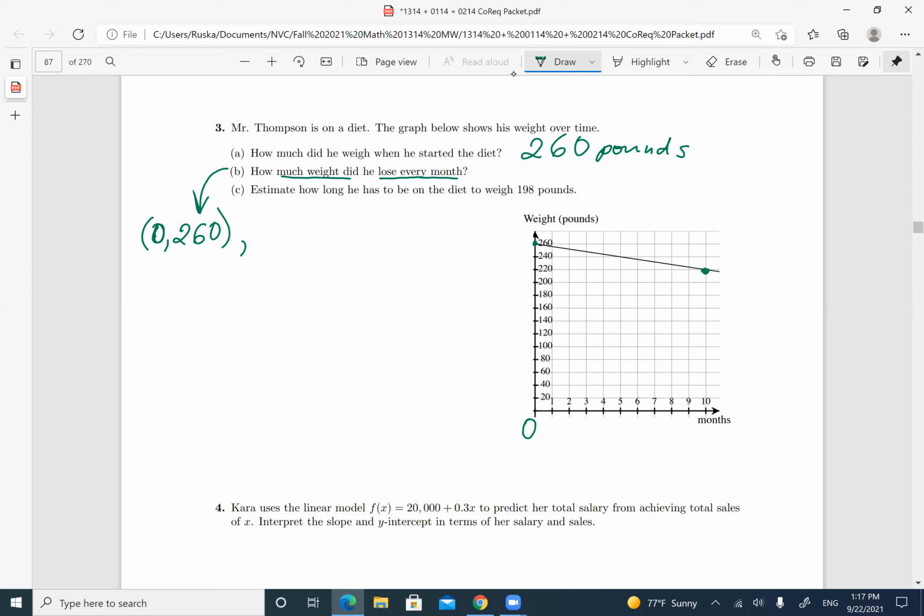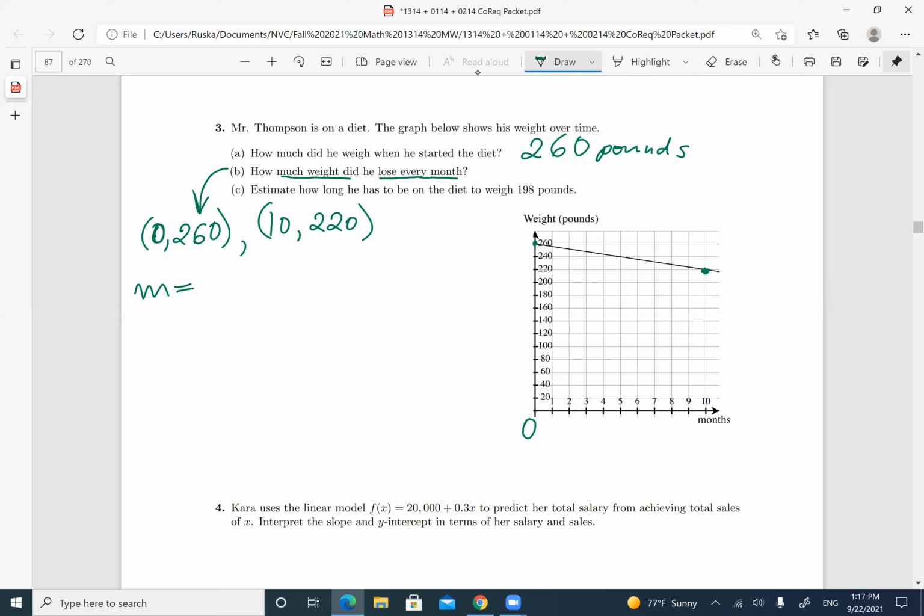So it's 10. And what is the number here? 220, right? Okay, so we have these 2 points. We need to find the slope using the slope formula, and the slope is going to give me the rate of change, meaning how many pounds he's changing every month.